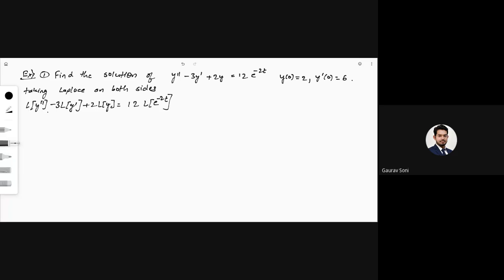So we have the formula for Laplace of y double dash, s square capital Y of s minus s times y of 0 minus y dash of 0, minus 3 times Laplace of y dash, which is s times capital Y of s minus y of 0, plus 2 times capital Y of s is equal to 12 times Laplace of e to the power minus 2t, which is 1 upon s plus 2.